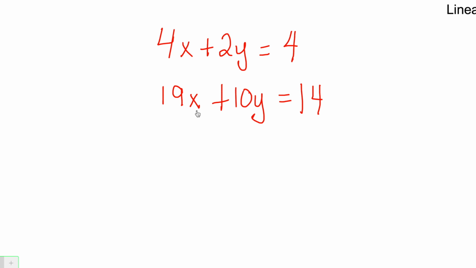I'm going to pick one of the equations, and I will just pick the first one. It doesn't matter which one. You can go ahead and try the second one. Slope-intercept form is y equals mx plus b.